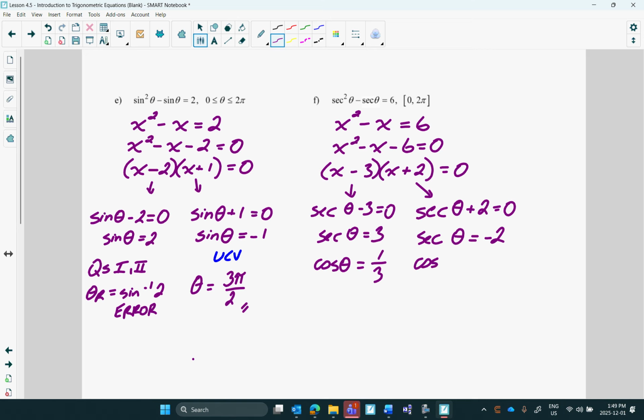This becomes cos equals -1/2. I recognize that, but not this one. So I got to do half calculator, half unit circle.